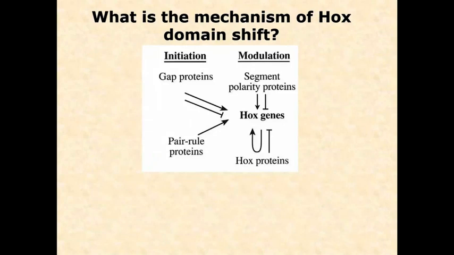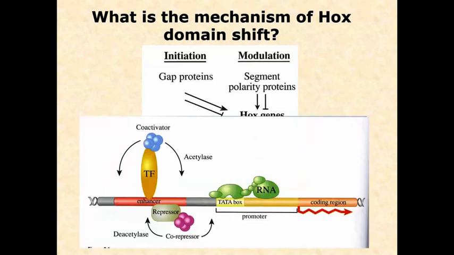And so this brings up a very interesting idea of how we change the expression domain, the region where genes are expressed. It turns out that there are basically two ways we can do this. So let's define the two ways we could change the domain. Okay, and it's got to come back to a change in expression. So we're going to look at transcription factors.